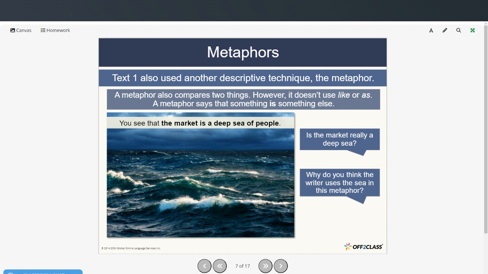No, because a deep sea would be water, but we use the metaphor a deep sea of people to just kind of paint the picture that there are just people everywhere. So, like when you look out at the ocean, the waves are just everywhere as far as you can see. And so, basically, this metaphor is saying that in the crowded market, there are people as far as you can see.